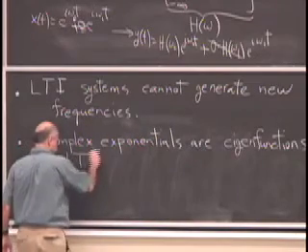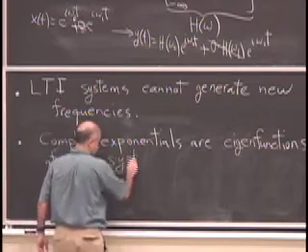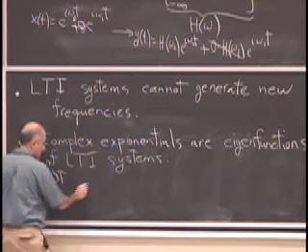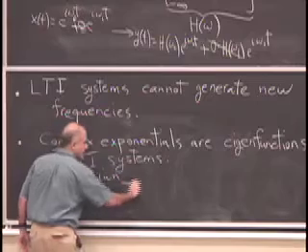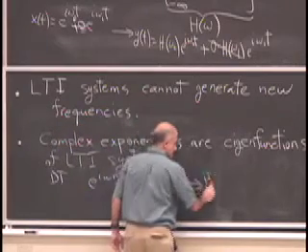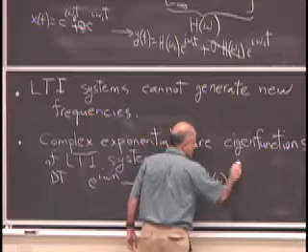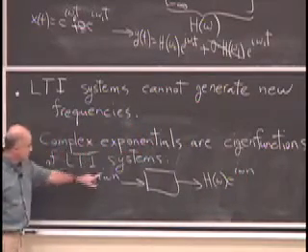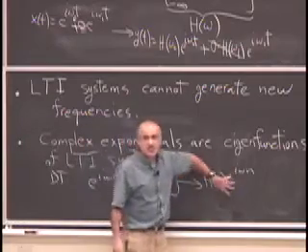And by that we mean in discrete time, we had e to the i omega n go in, and H of omega e to the i omega n come out. So whenever a complex exponential goes in, it just comes out scaled.